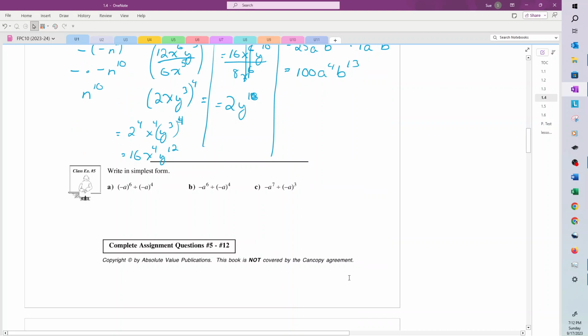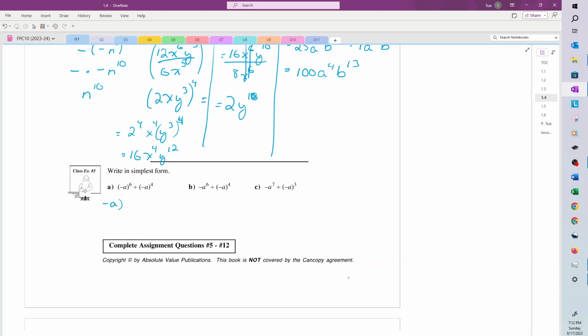And now we have some division. So you can do this using the exponent law of subtracting the exponents, but honestly, I wouldn't. I just would write it as a fraction. It's so much easier.